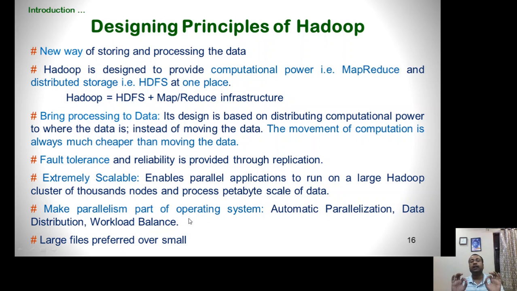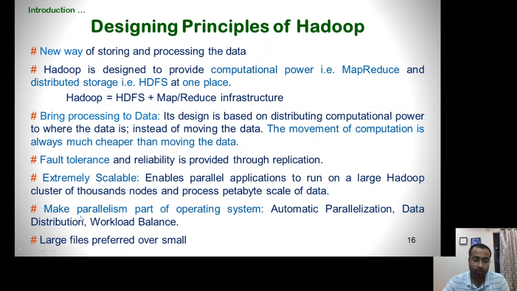You only have to write MapReduce code, meaning how to assign the job and how to design your code for the problem using the MapReduce framework. We will discuss it when we explore the MapReduce framework. But when we write MapReduce code, we don't think about automatic parallelization, data distribution, or workload balance, because all these things are handled by the Hadoop data operating system.